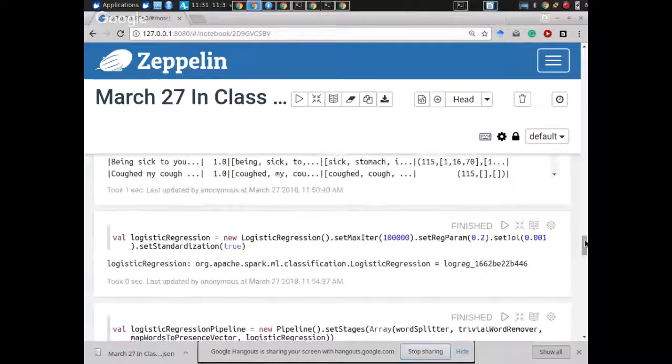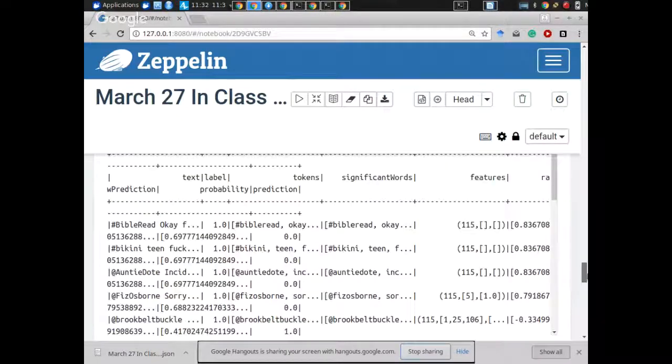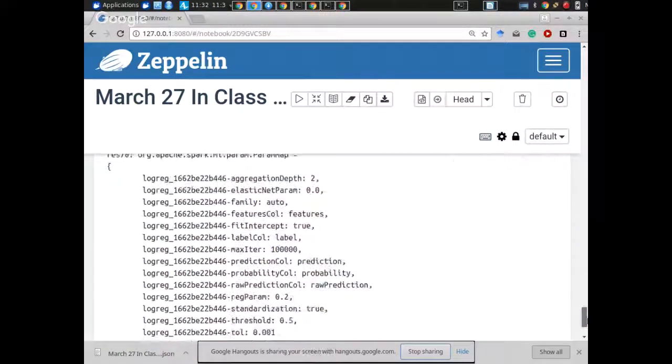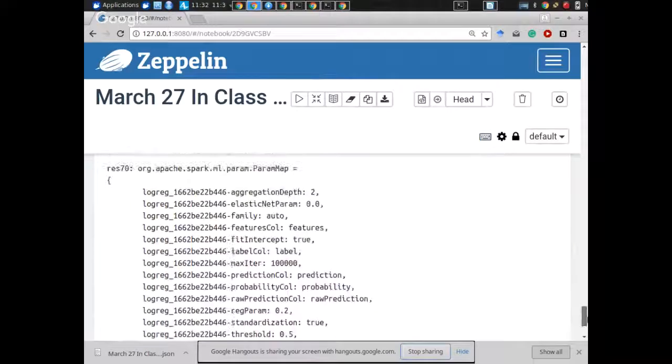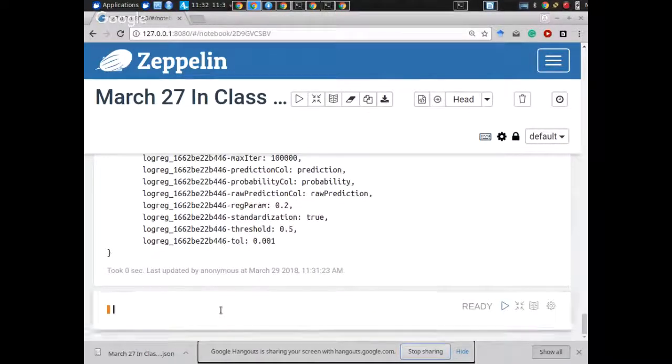Well, remember up here, we set the tolerance, we set the regularization parameter. This basically set these parameters that we see. So this provides metadata about what was fitted, the parameters used to fit it. And often that's of interest.